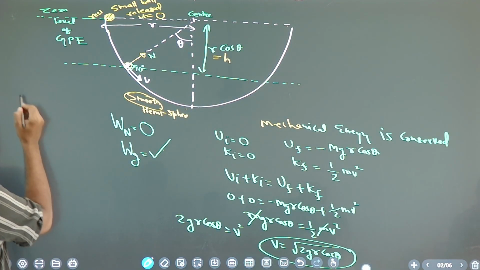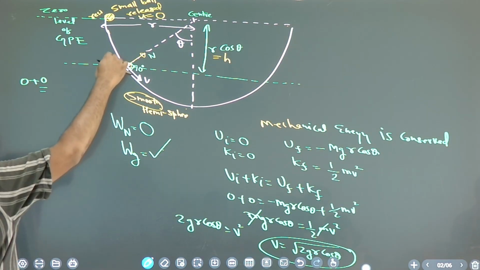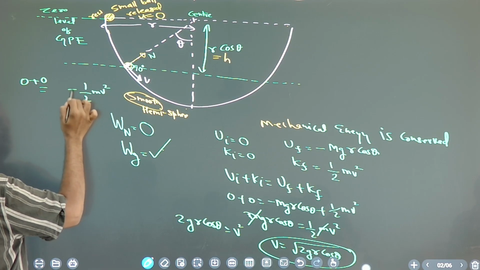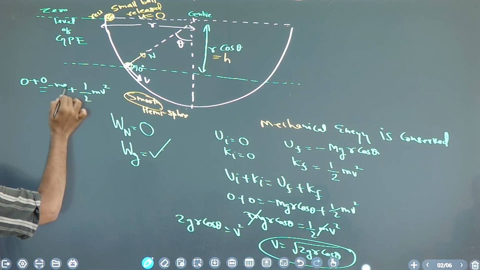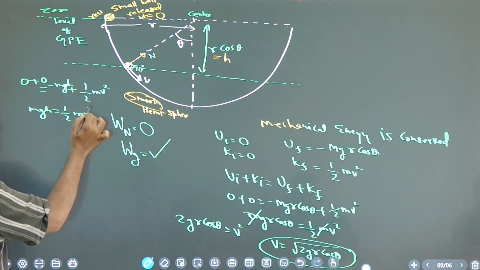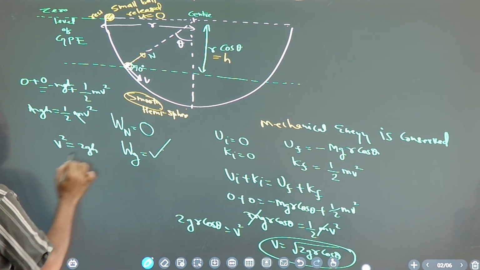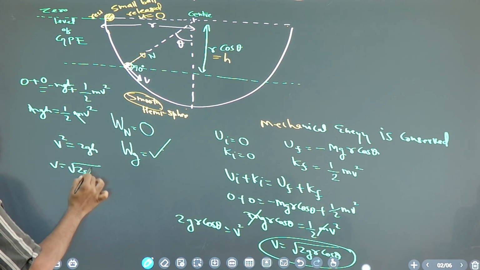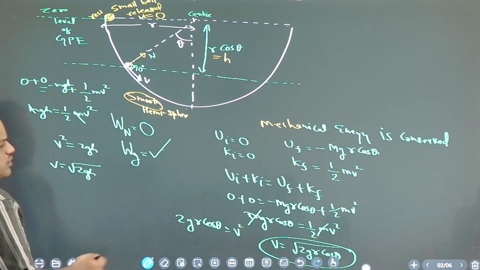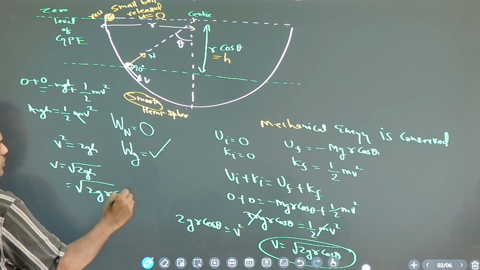So 0 plus 0 is equal to half mv square plus potential energy minus mgh. So mgh is equal to half mv square. So v square is 2gh, so v is root 2gh. And what is h? R cos theta. So square root of 2gR cos theta. Okay, clear?